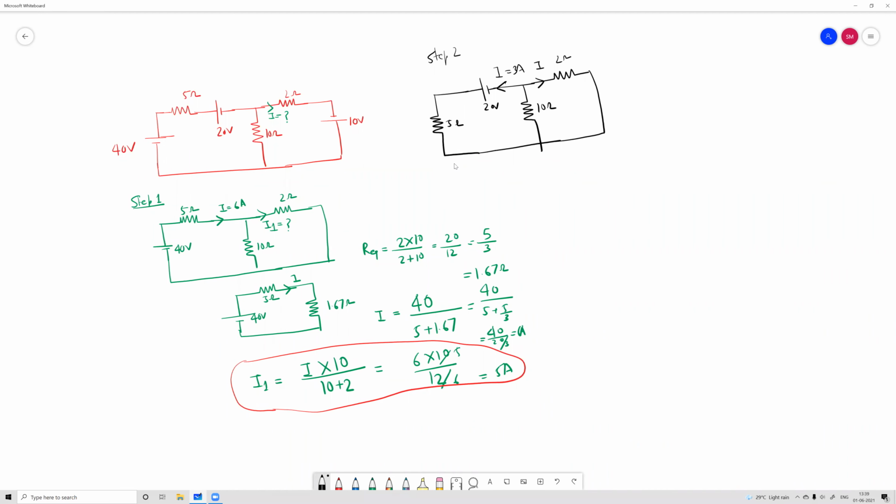So using the same logic, what she told, this would be 2.5 amps, but in this direction. Or if I take this value, I2, this would be minus 2.5 amp. Correct? If we take the direction of I. Is it okay?